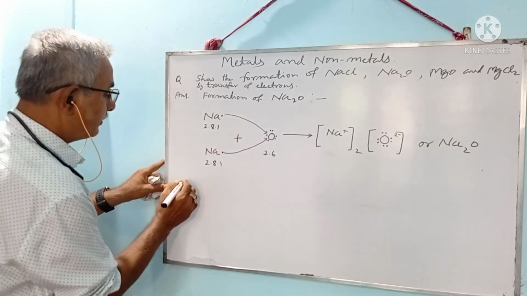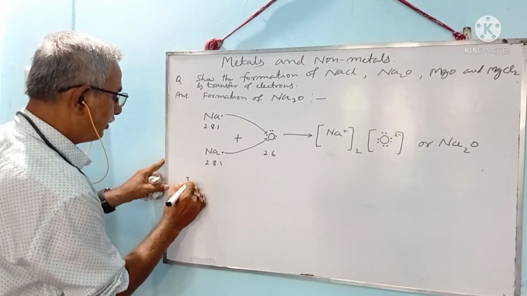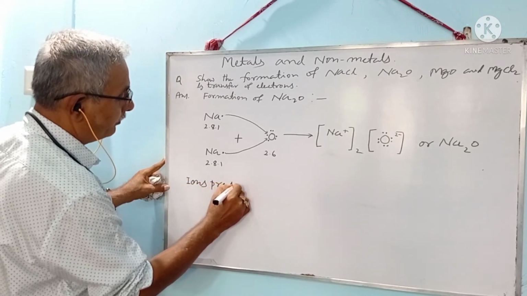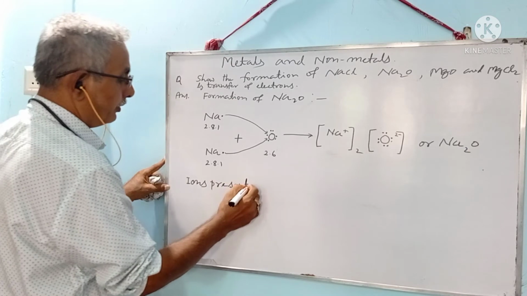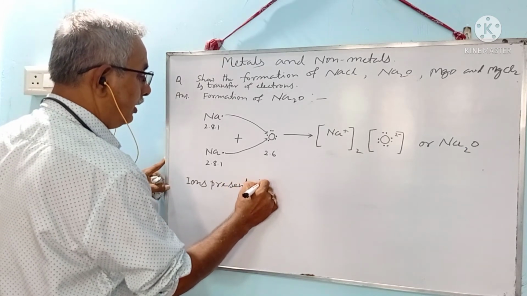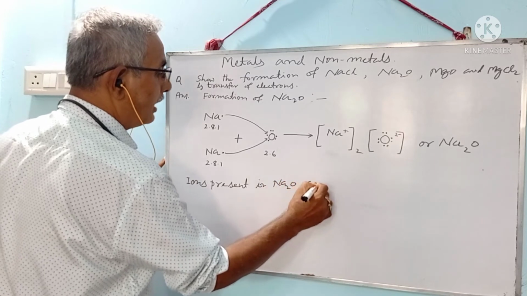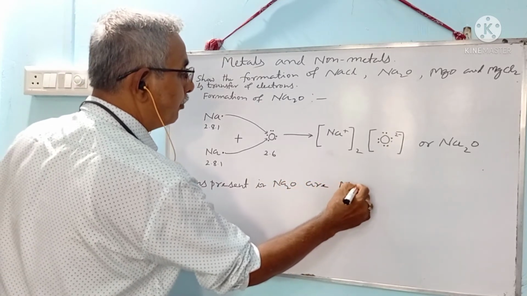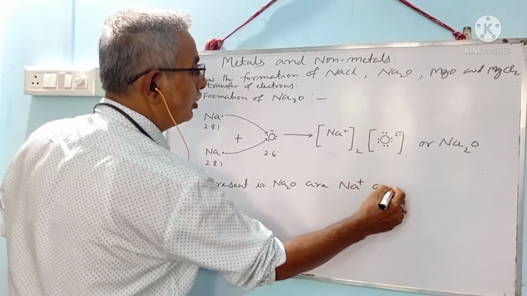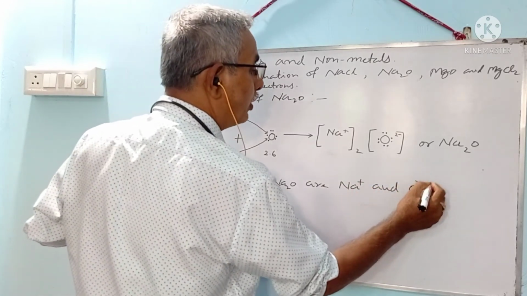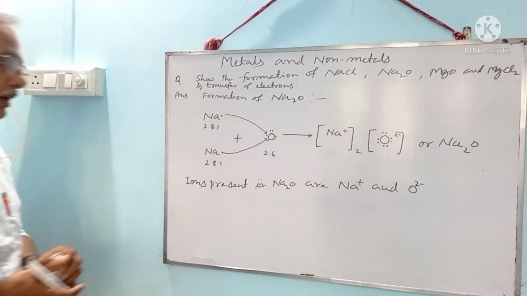So you can write ions present in Na2O are Na positive and O negative. Like that you are getting.